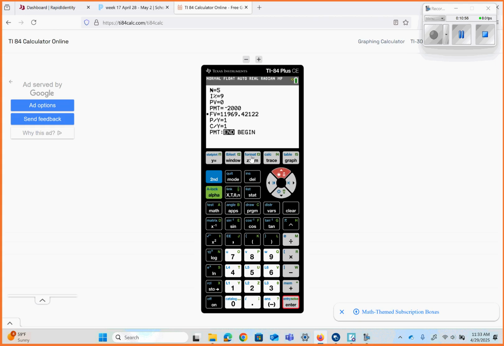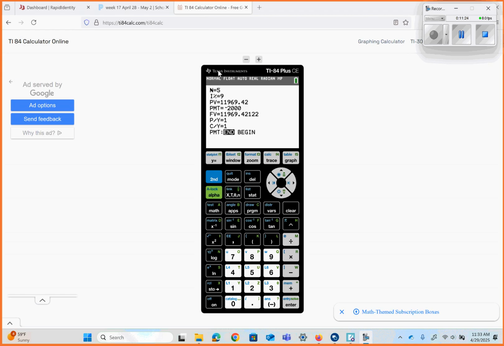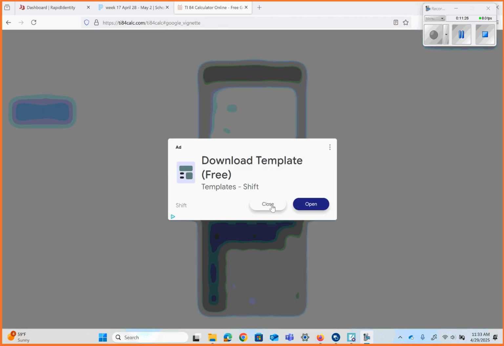But then if we change our previous value to 11,969.42, we're going to do the next 25 years, right? 30-year period. So we're going to change. Sorry. No, go away. I don't want sticky keys.